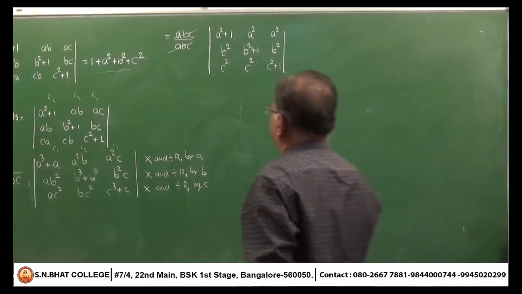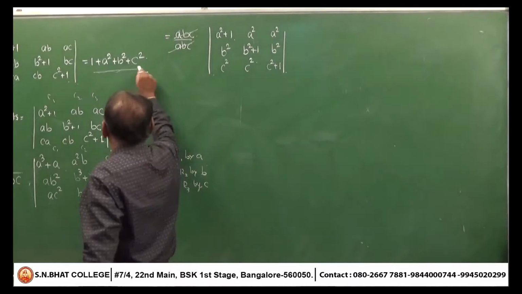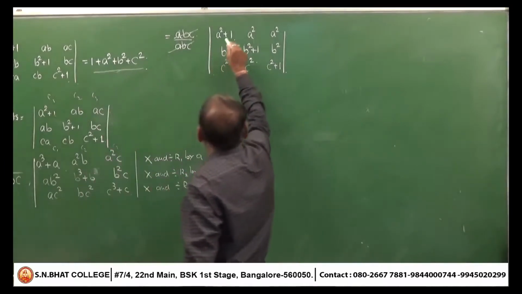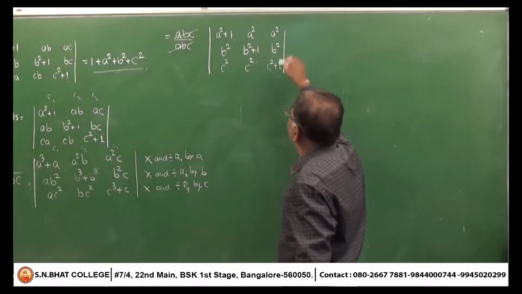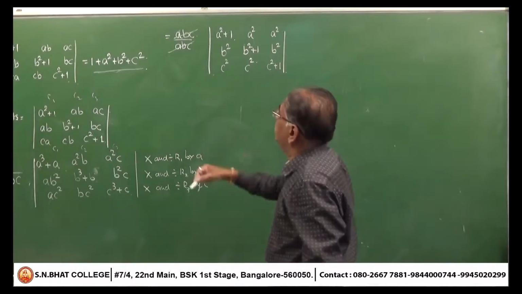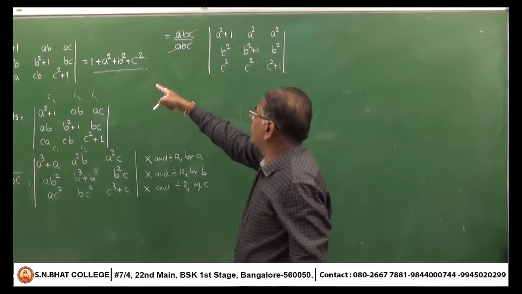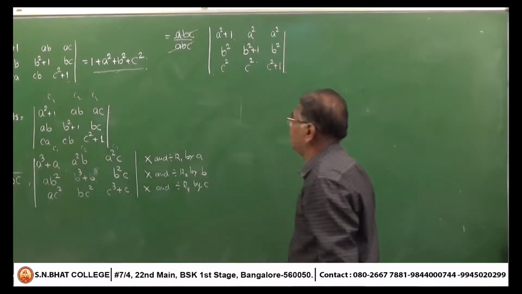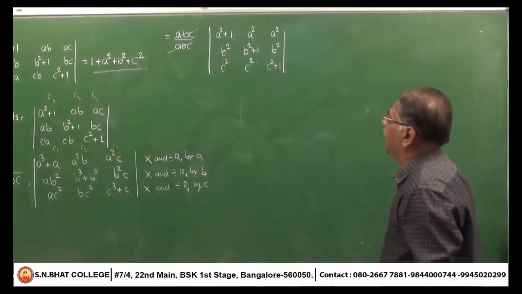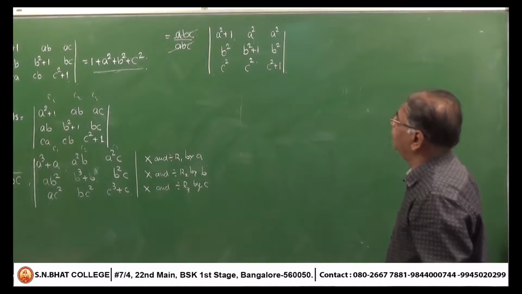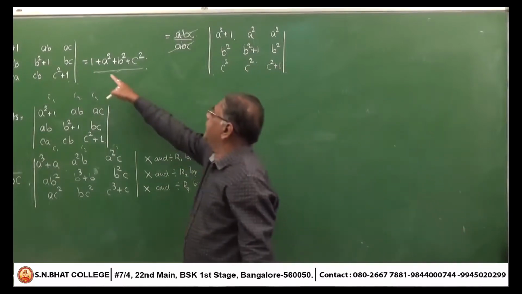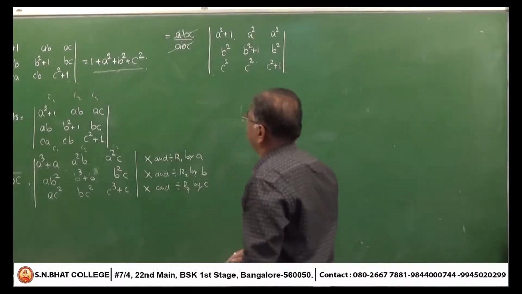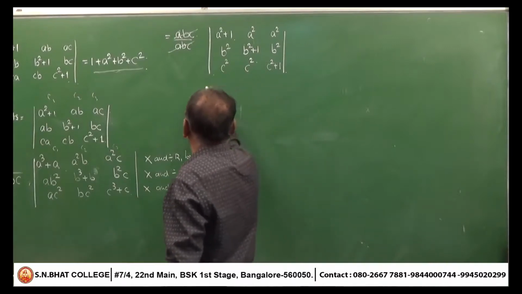Now, to get the answer, see all the 3 columns, all the 3 rows. After adding 3 rows or 3 columns, can I get 1 plus A square plus B square plus C square as a common factor?